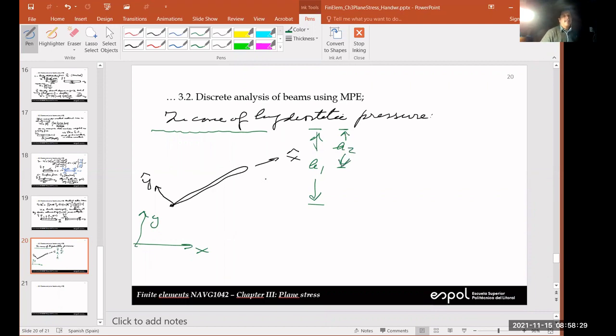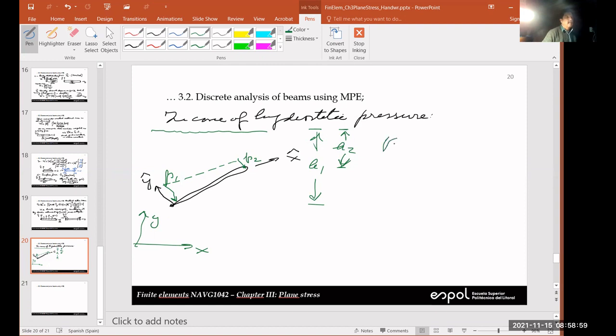Are you with me, people? So probably the pressure here will be like that. Let's call it P1, and here we have the pressure P2. And of course, we have a linear variation there. So this is force per unit length.